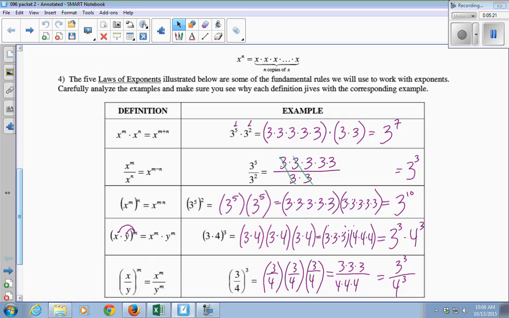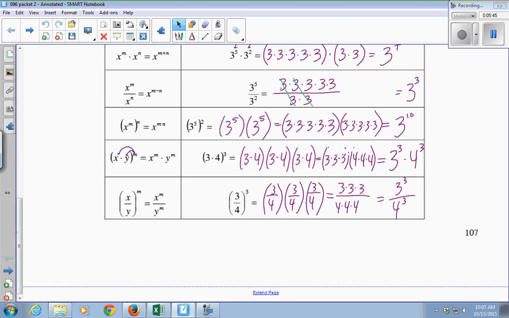So if you're multiplying like bases, you can add the exponents. If you're dividing like bases, you can subtract the exponents. If you're raising a power to a power, x to the m to the n, you can multiply the exponents. And we did examples of each of these, writing out the definition, why it works.